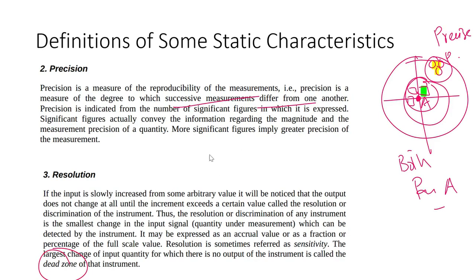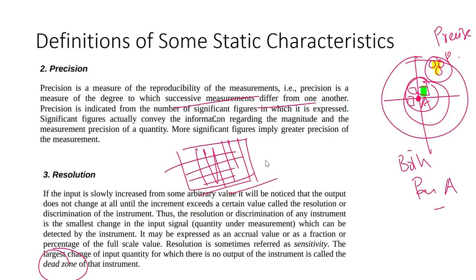Let's say these are our divisions and a quantity is here. It is not that obvious whether it is on this line or that line.